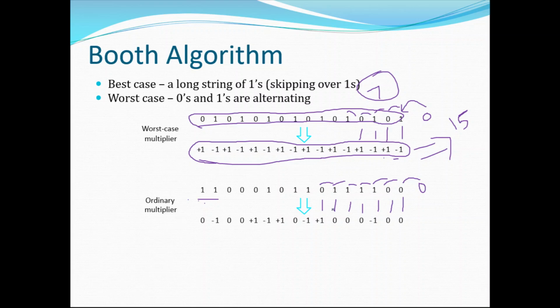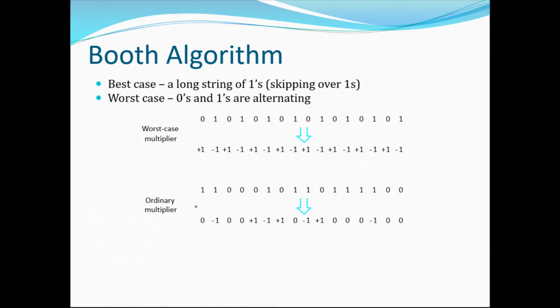Here, how many additions in the normal case and in Booth's algorithm case? In the normal case, 9 additions will be carried out. With Booth's algorithm, 7 additions are carried out. The number of additions decreased by 2, a reasonable improvement with Booth's algorithm.